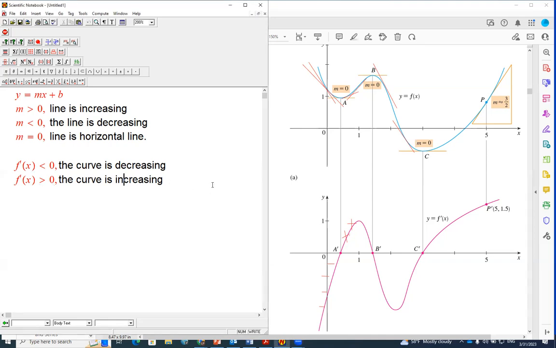Now, what if the derivative is 0? We covered less than 0, the curve is decreasing, and greater than 0, the curve is increasing. What if the derivative equals 0? F prime equals 0 at a certain point. These numbers, as we will learn in chapter 4, are called critical values.